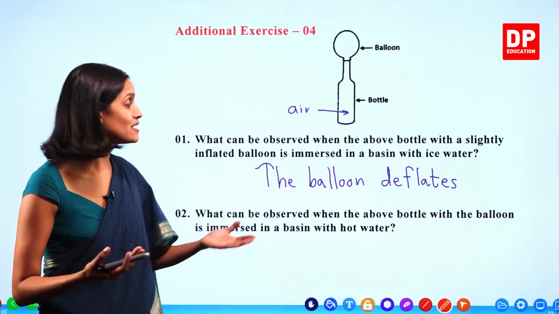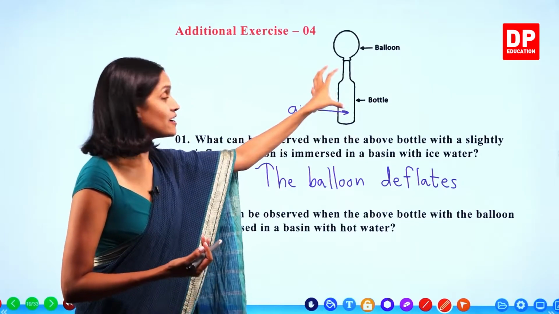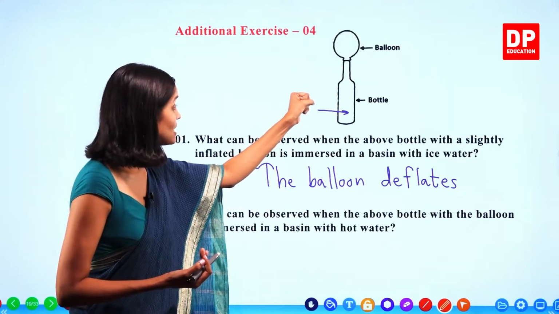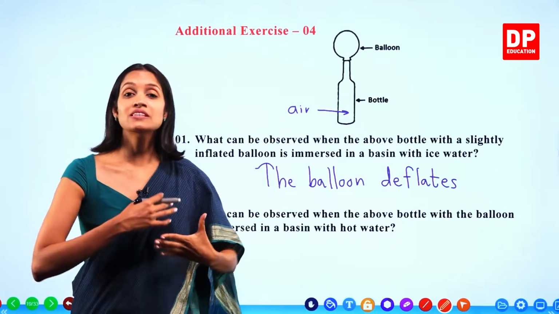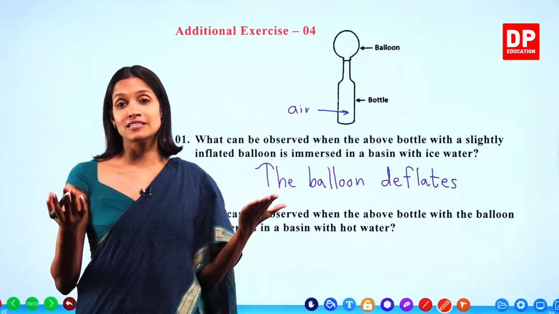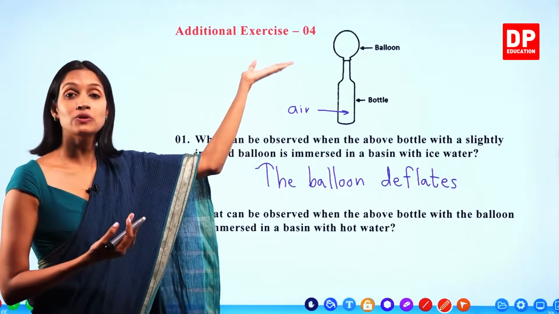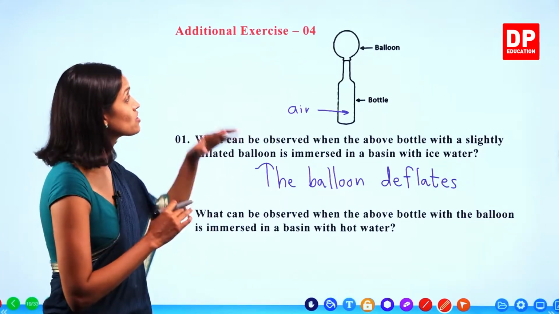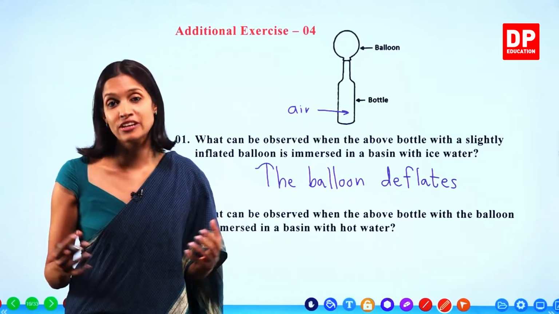What happens, children? You all know because of hot water, the air inside the bottle absorbs heat and the air expands. Expansion means the volume of the air increases. The increased amount of volume goes inside the balloon again, and therefore, because of filling of air inside the balloon, it inflates.